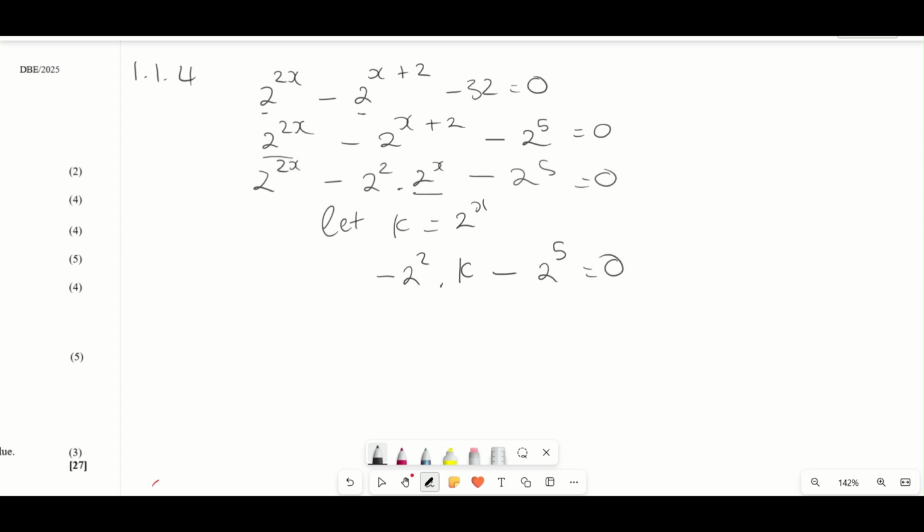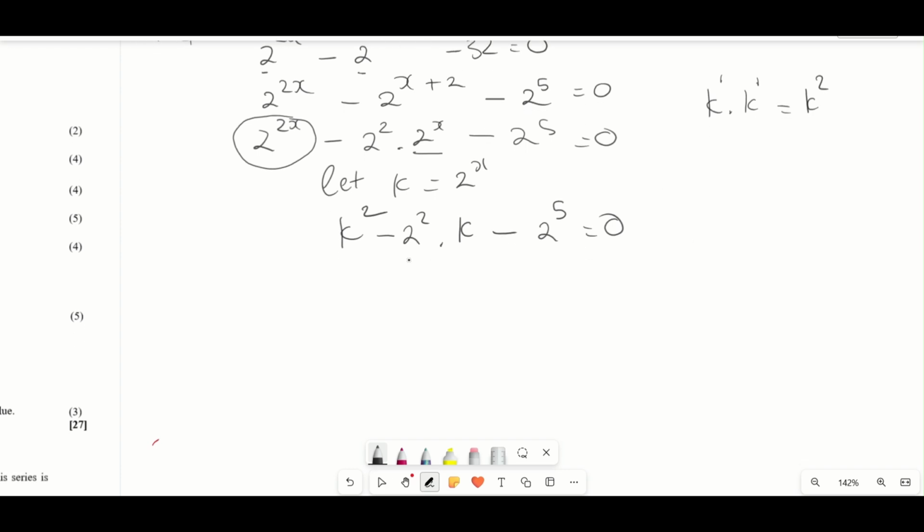And here I have two of these, so to get two of them, it's like saying k times k. I have the same base and I'm adding the exponents, therefore I'll have k squared on top.